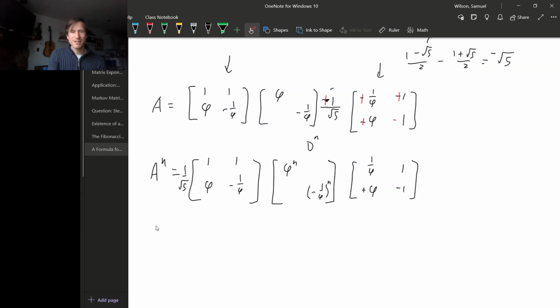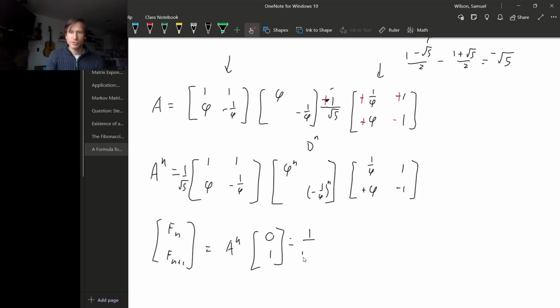Now remember that the reason we did all this was because the nth position and the n plus first position in the Fibonacci sequence was A to the n times 0, 1. And now we have a nice expression for A to the n. Well, relatively nice. It's this big mess here.